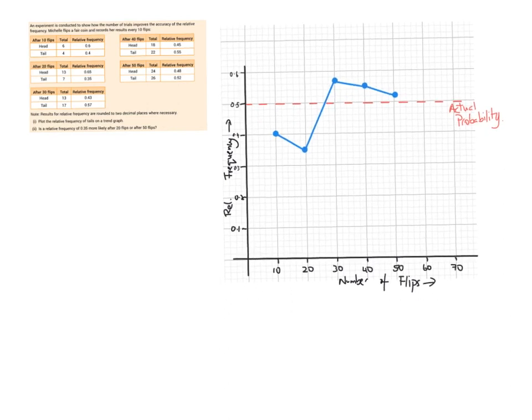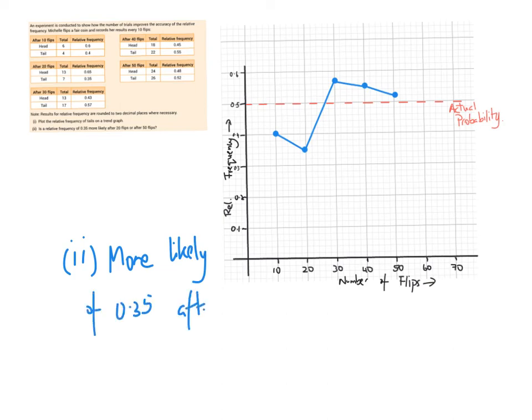And basically, we will be saying as an answer to part 2 that it's more likely to get an answer of 0.35 after 20 flips. And why?